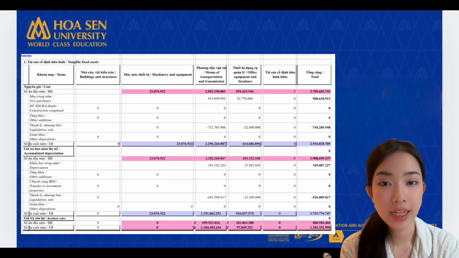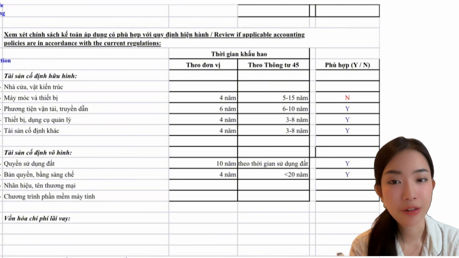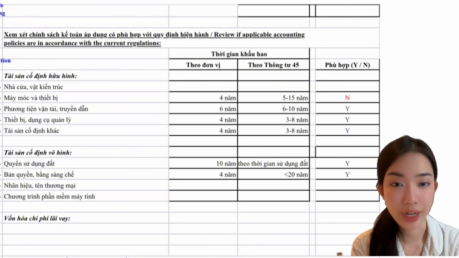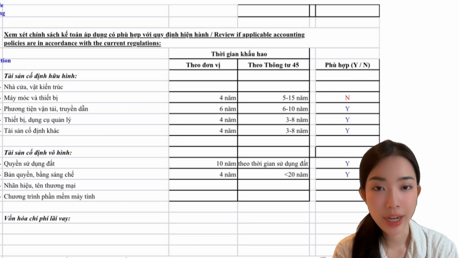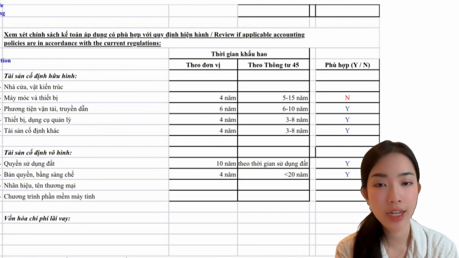Next is the G723 policy table. Based on Circular 45, the depreciation period for each asset category is as follows. Machinery and equipment is 5 to 15 years. Means of transportation is 6 to 10 years, and management tools and equipment is 3 to 8 years.